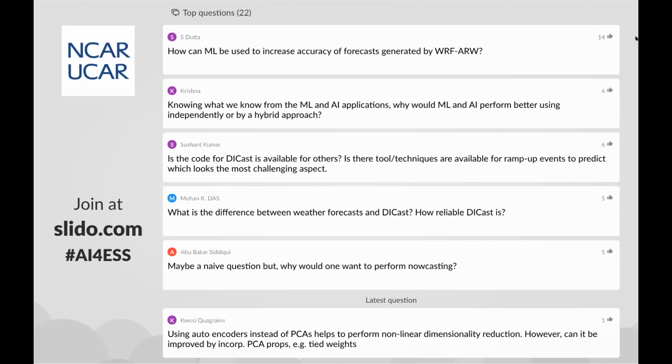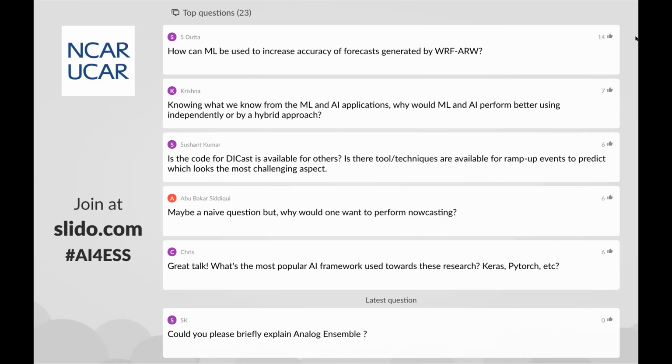And at NCAR, when we're building systems, we often use a specific configuration of WRF-ARW that has been optimized for the particular variable at the particular locations we want to predict. So it's already a good NWP model. But then if we do the post-processing, whether it be using DICast or some standalone machine learning methods, especially for the short time ranges, we do find that it does increase the accuracy.